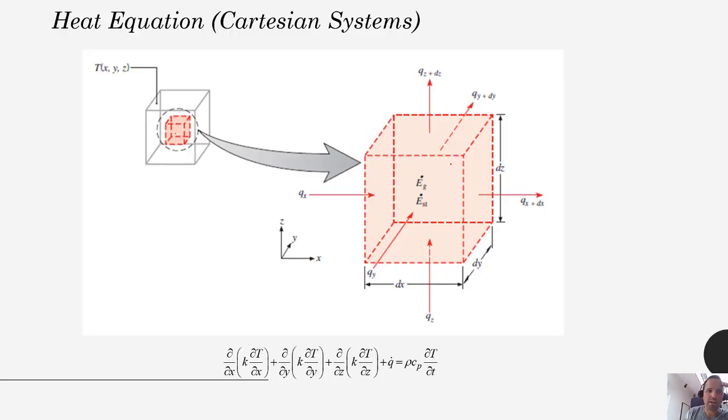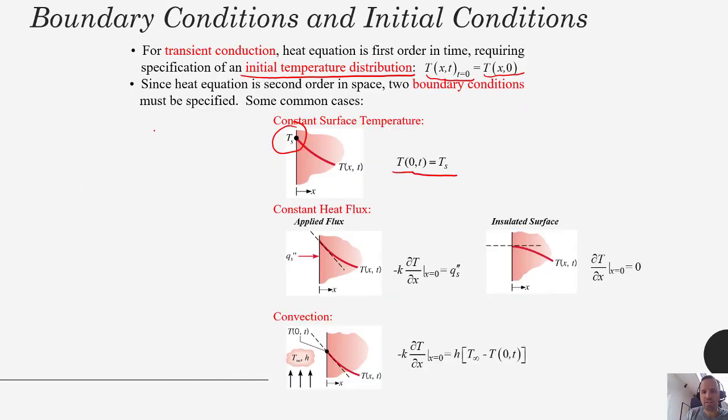So back to our example, we could just assume that this side is fixed. We don't really need to know if it's coming in by convection or radiation or conduction. We just need to know that that temperature is fixed, and knowing that would allow us to define a conduction term coming in. So that's the fixed or constant surface temperature boundary condition.